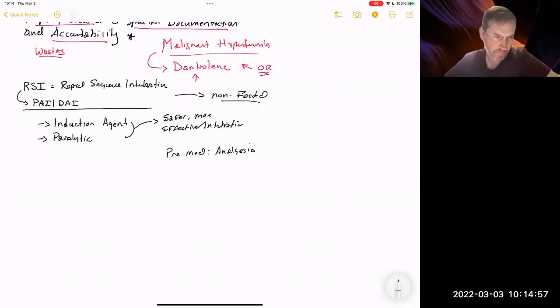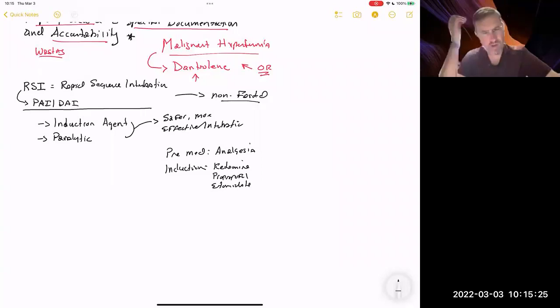Pre-induction analgesia is pretty common. So you give somebody a dose of fentanyl, and then you give the induction agent. That typically includes things like an induction dose of ketamine, propofol, etomidate, and you might possibly use midazolam or Versed.